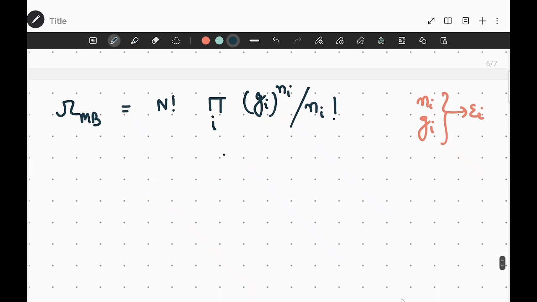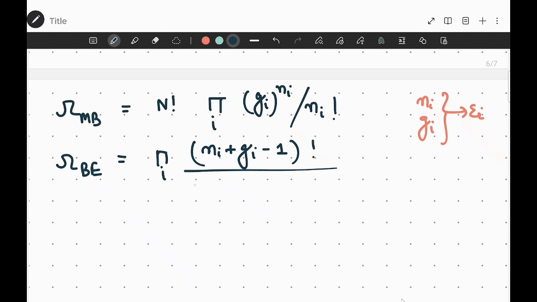Yes. Now for Bose-Einstein, we did not prove it, we just write down the formula: (n_i plus g_i minus 1) factorial divided by n_i factorial times (g_i minus 1) factorial.